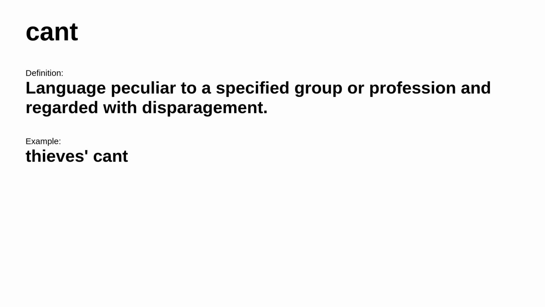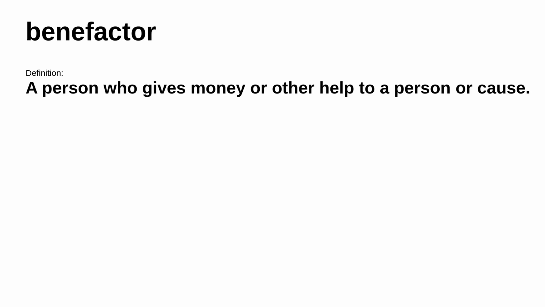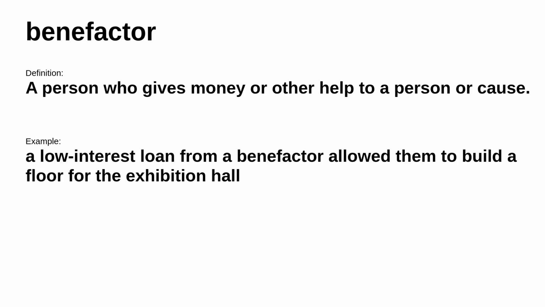Consider this example, thieves cant. The next word is benefactor. It means a person who gives money or other help to a person or cause. For example, a low-interest loan from a benefactor allowed them to build a floor for the exhibition hall.